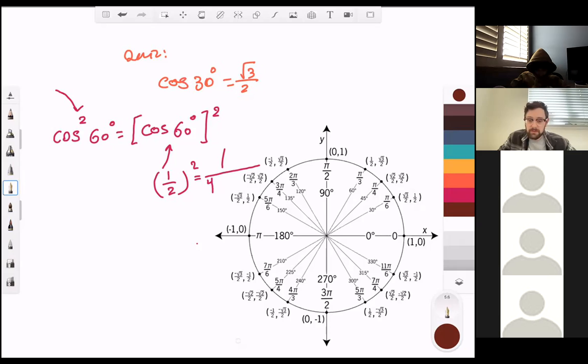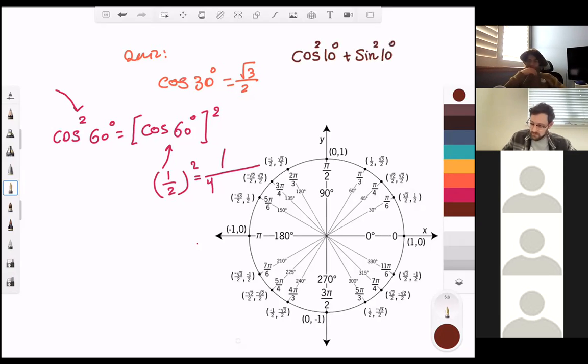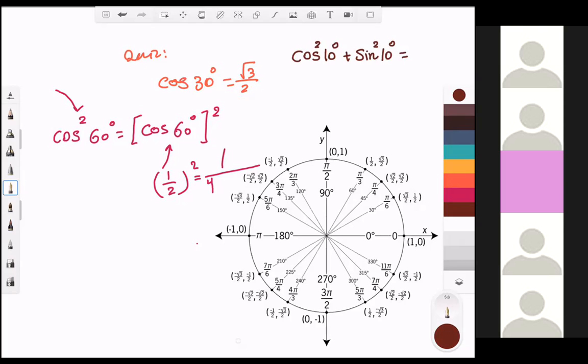Okay. Now, can you tell me what is cosine squared of 10 degrees plus sine squared of 10 degrees? 1. Who was it? Yvette? Yeah, Yvette. Yes. So 10 degrees, we don't have it here.